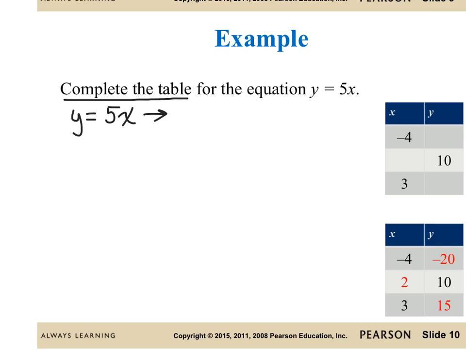So if we're going to let x be -4, y equals 5 times -4, and that makes y equal to -20, which we see here.